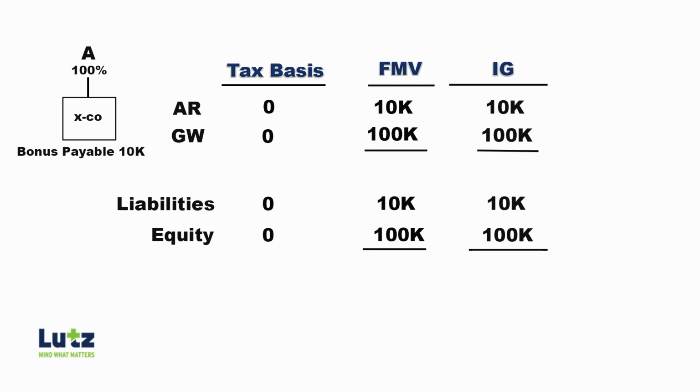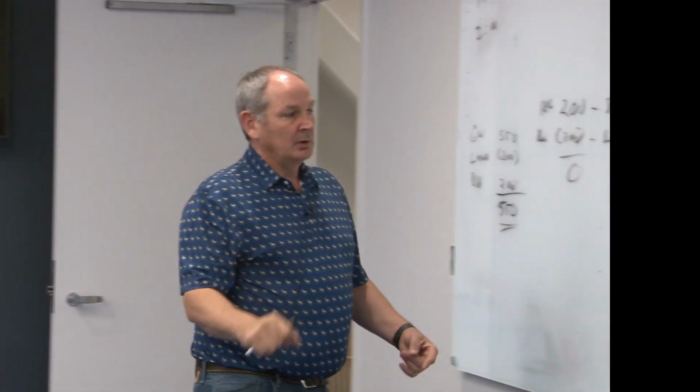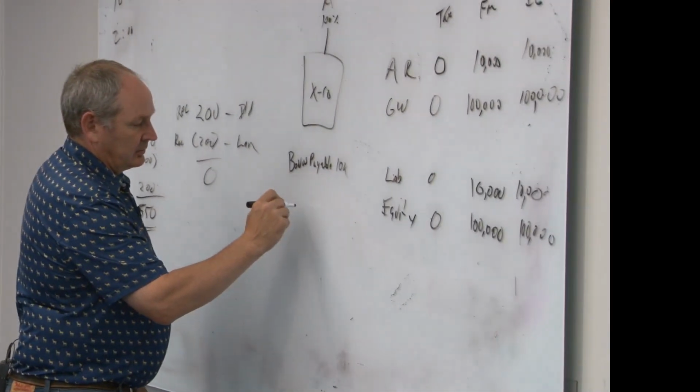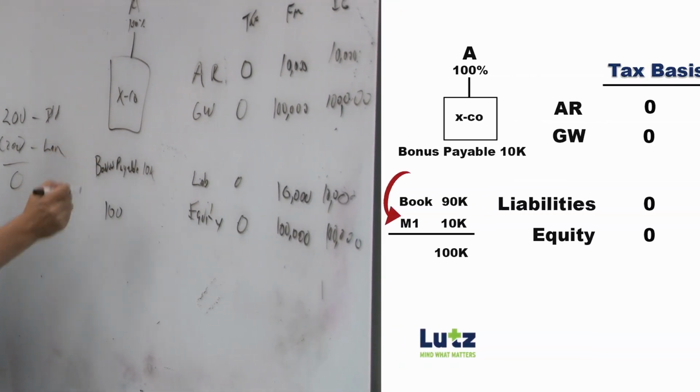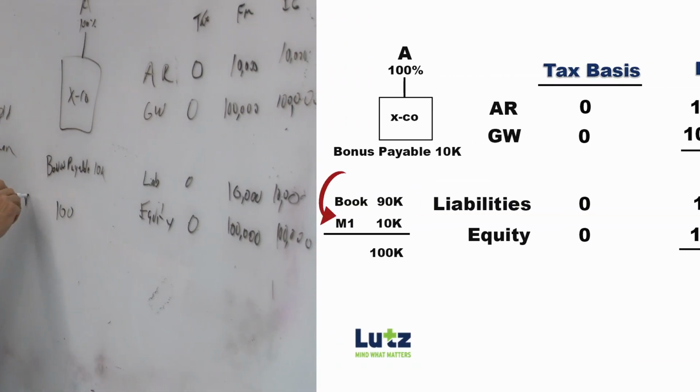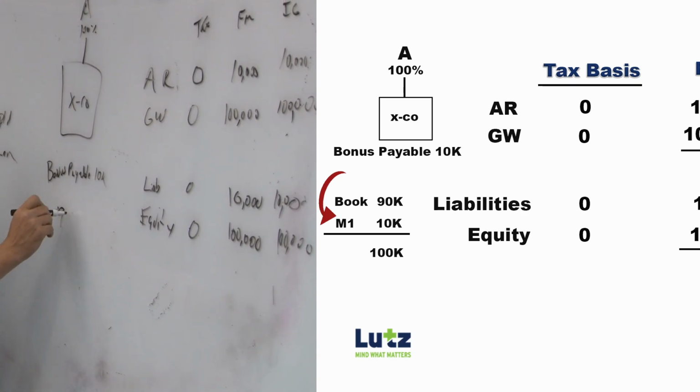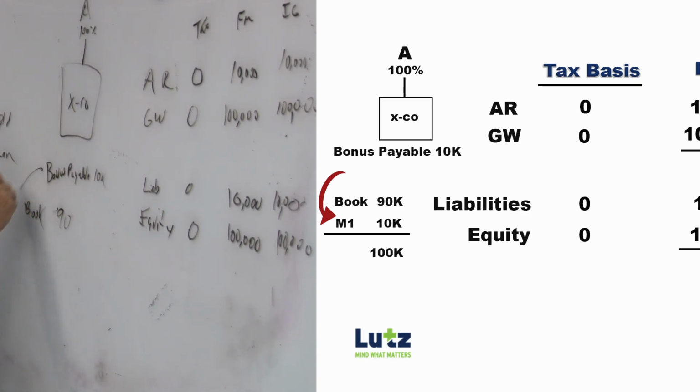Because when I do that final C return, if you have more than a 50% owner of a C Corp and there's a bonus that's booked and payable to that 51% or more owner, I'm going to say my book income is 90, but I can't take the bonus, so my M1 is 10, and my taxable is 100.